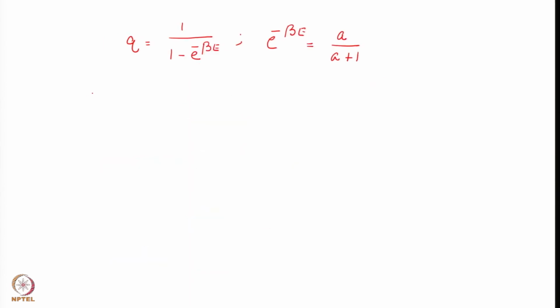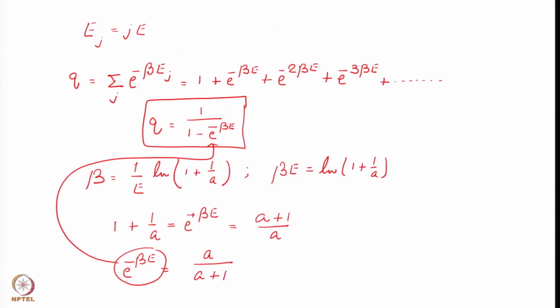So therefore, what I get now, q is equal to 1 over 1 minus A over A plus 1. So therefore, what I am going to get here is 1 plus A divided by 1 plus A minus A, which is equal to 1 plus A.